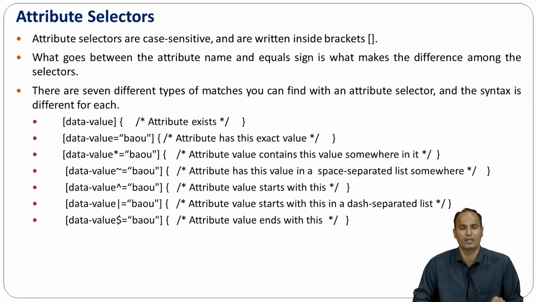If the dollar sign is used along with this value, then it indicates the attribute value ends with that particular specified value. So by using the attribute selectors, we can filter out various elements and content from the HTML, and we can highlight it as and when required.